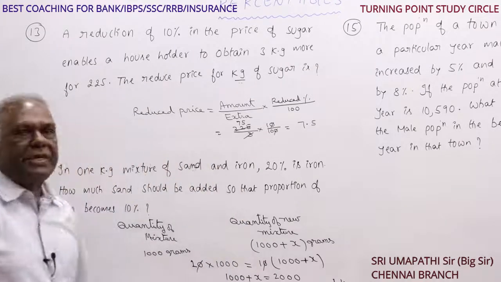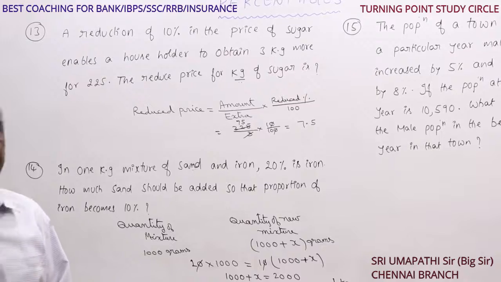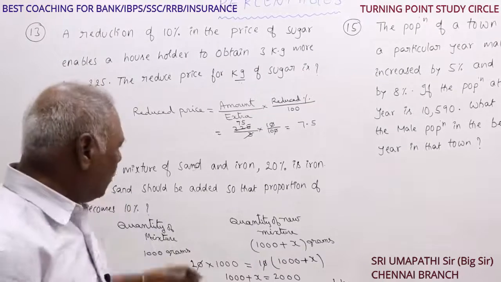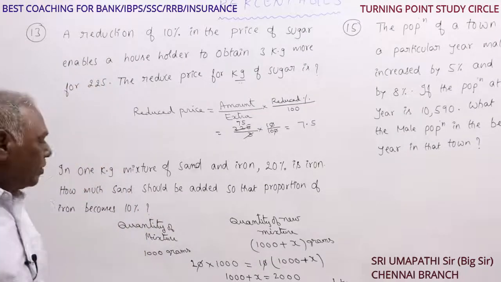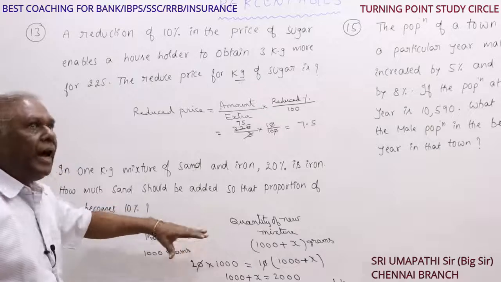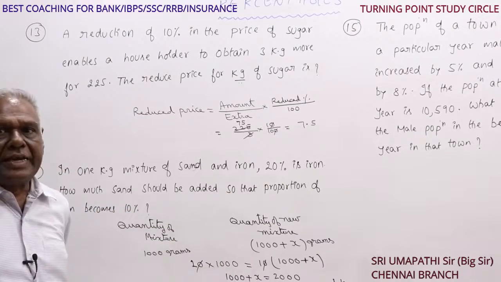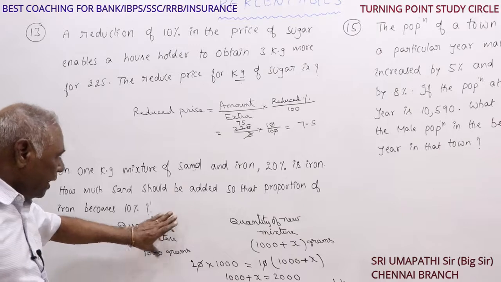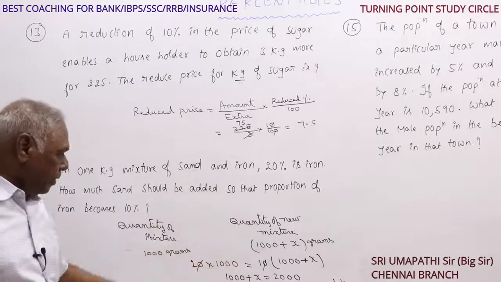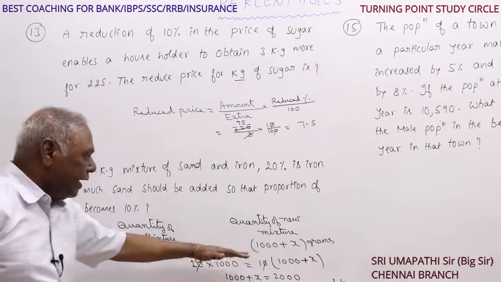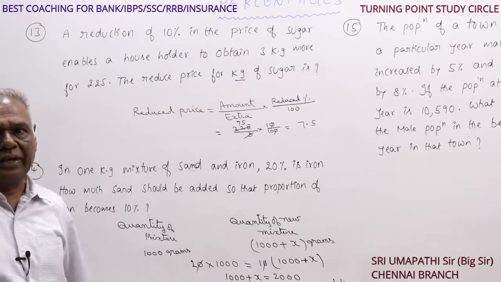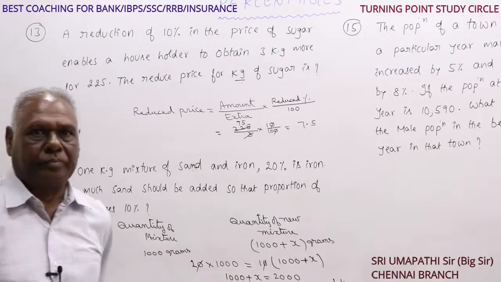So the sand added is equal to 1 kg. So only by thinking twice deeply and finding the solution, we can do the problem in a single step. Quantity of iron is the same. But here it is 20%, here it is 10%. Equate and find the unknown.